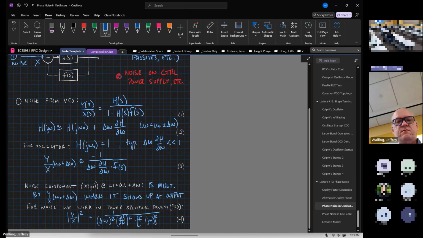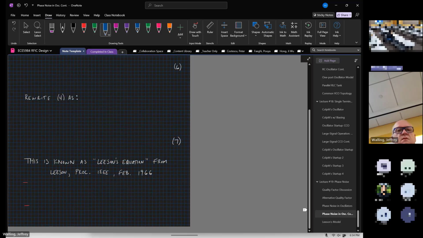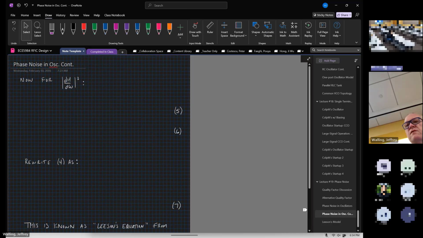All right. Now we're going to look at this dh by d omega squared term. We're going to use the polar form.